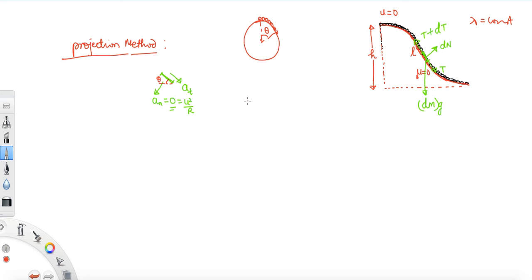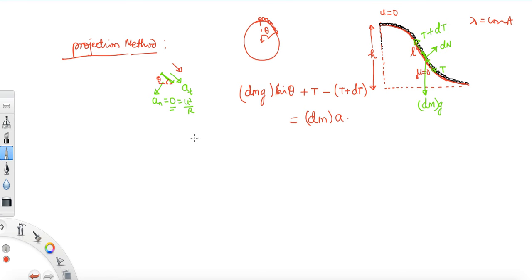For this arbitrary element dl, the net force along the tangential direction is dm g sine theta, the component of dm g along the tangent, plus T minus (T plus dT). This is equal to the mass dm times the acceleration of this small element.